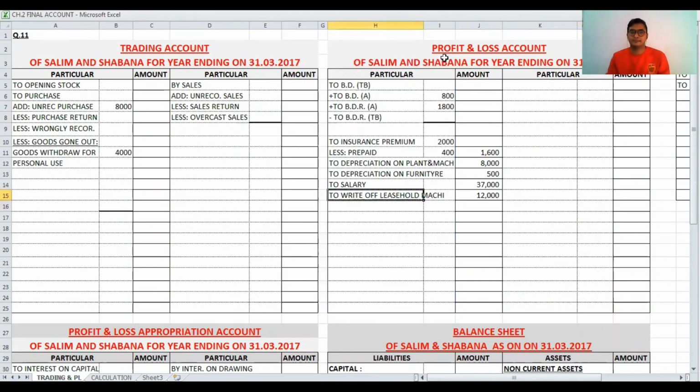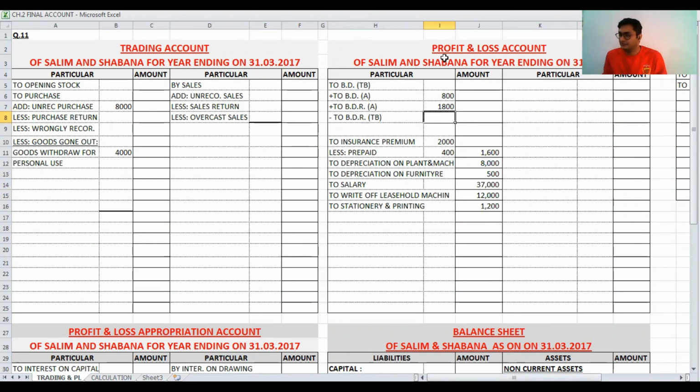Here the space is small, so I have written in short that to write off leasehold machinery for 12,000. Then stationery and printing in P&L account debit side to stationery and printing amount is 1200.